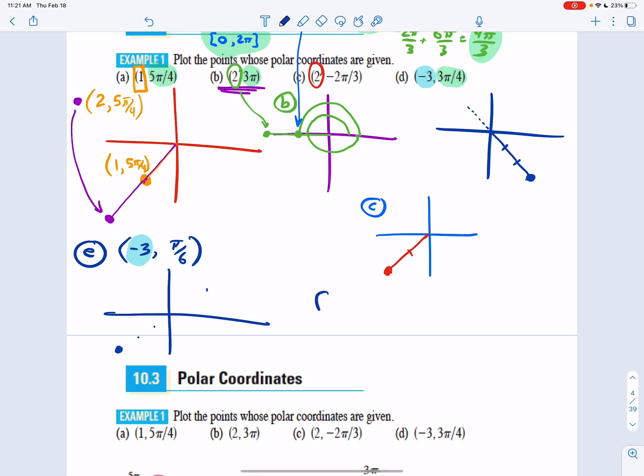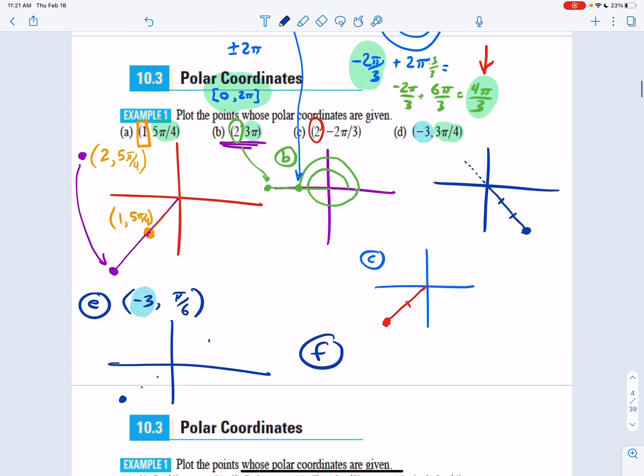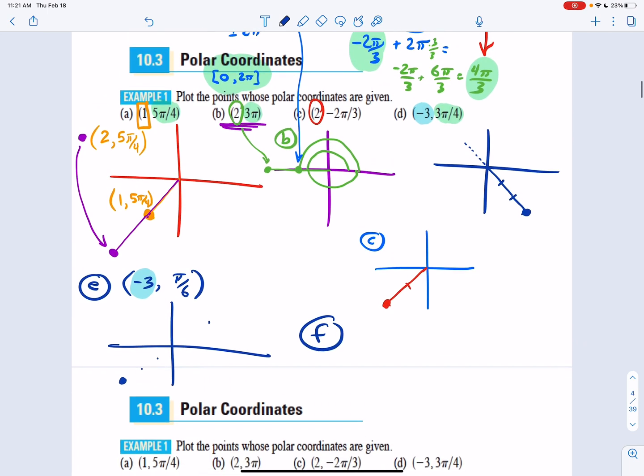Okay, let's do one more just to make sure. Let's do -4 comma 5 pi over 3. Try that one there. Press play when you're ready. Okay, here, 5 pi over 3 I know is in the fourth quadrant because it's double the denominator minus 1.